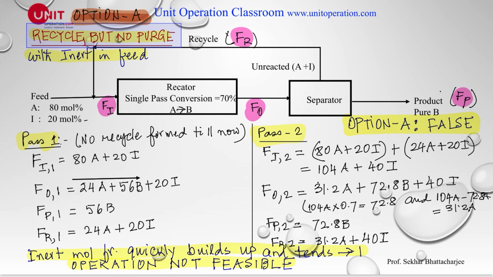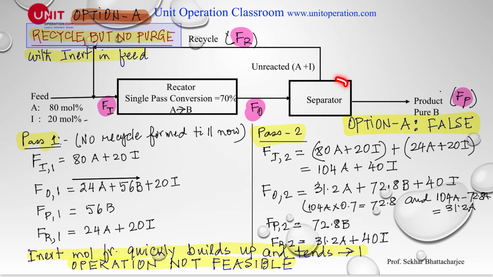But now it mixes with the recycle. So whatever is coming in is a mixture of the fresh feed and the recycle, and this is called the mixing point. 70% of the A here would be converted, and 30% of A will not be converted, unreacted. So it will contain A, B, and I.